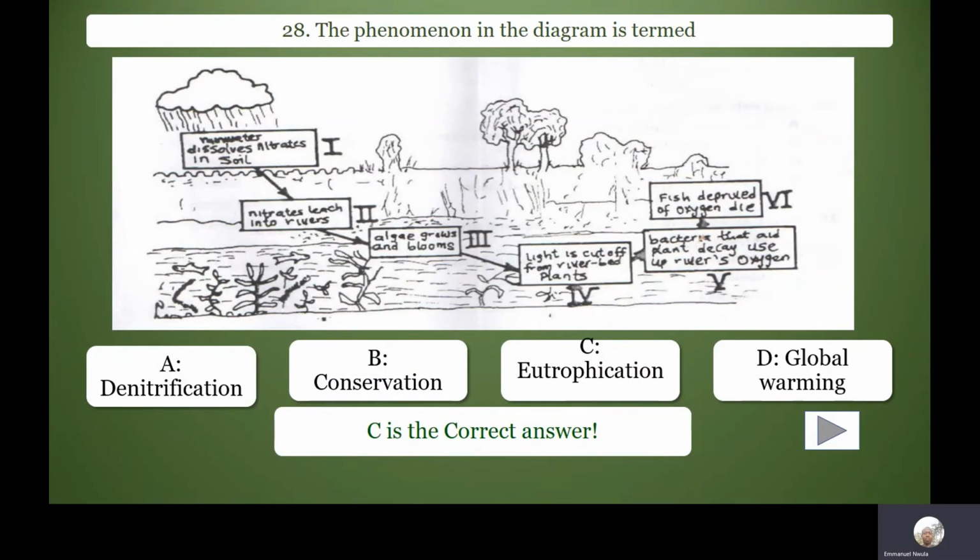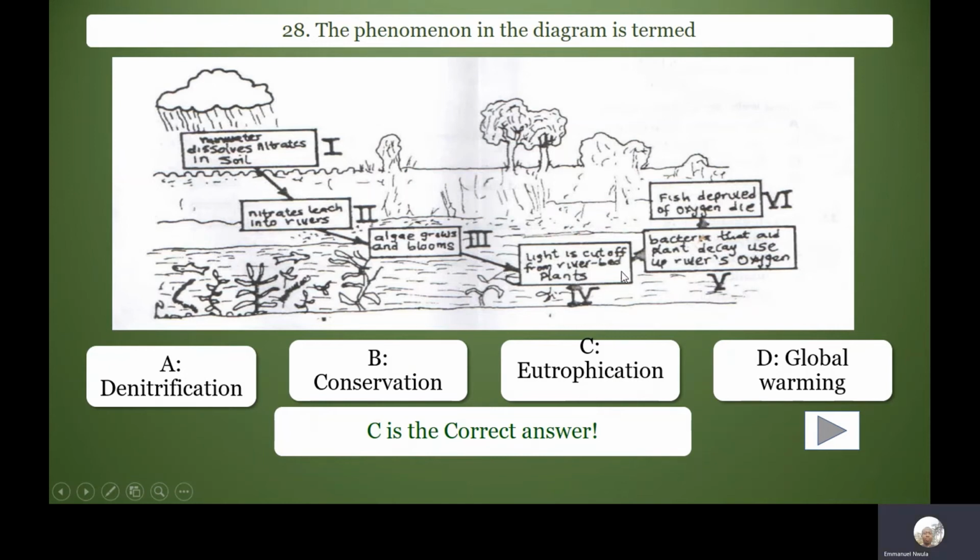The phenomenon in the diagram is termed eutrophication. If the nitrate is washed into the water body, of course, it is nutrient for the plants. So the plants will overgrow. There will be algal bloom, and then they will cover the surface of the water. The plants that are submerged, that are inside the water body, might not be getting light, and they will start dying.